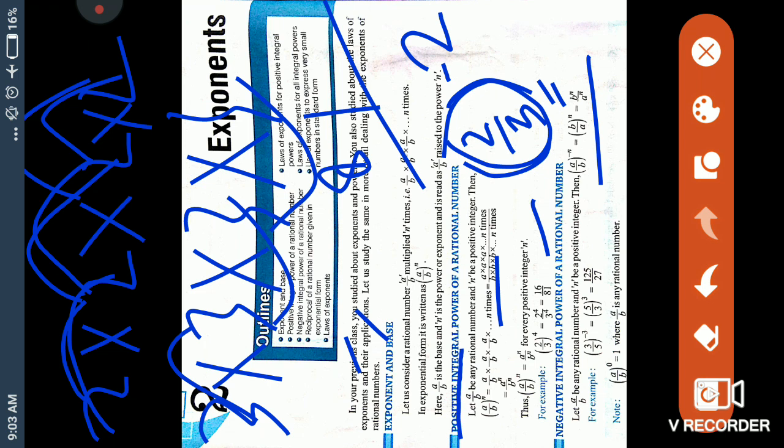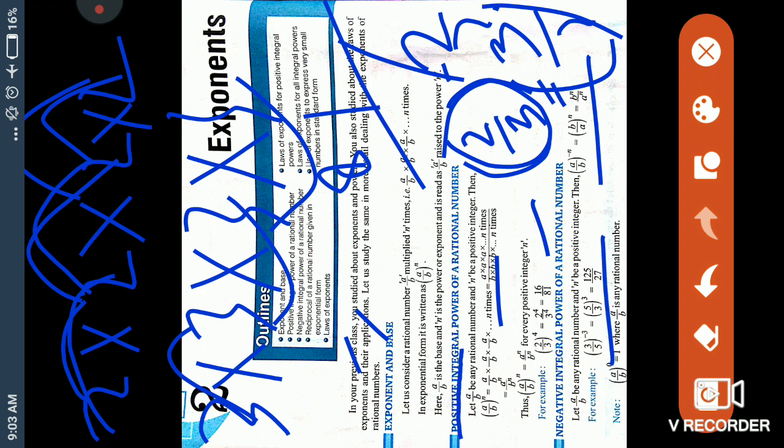And one thing is important. If the power is negative, suppose it is written 2 upon 3 to the power minus 2, then the number will be reciprocal. We will write 3 upon 2 to the power 2. The minus is removed and we just take the reciprocal of the base.